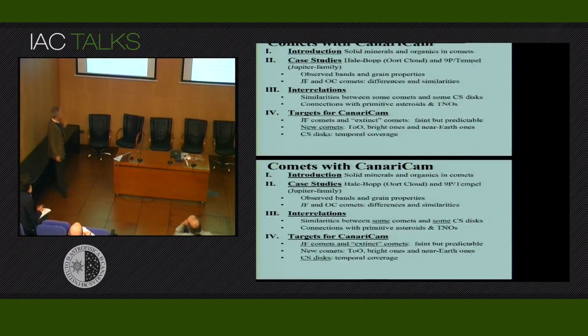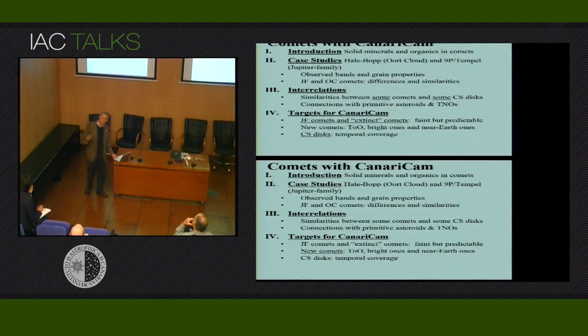And I dare to infringe on Rafa Rebolo's territory and suggest that we should observe circumstellar disks with temporal coverage, because it has been suggested that the spectra of some circumstellar disks can be explained by very large active comets that just happen to be active at that time. And then I'll give you a quick set of conclusions.